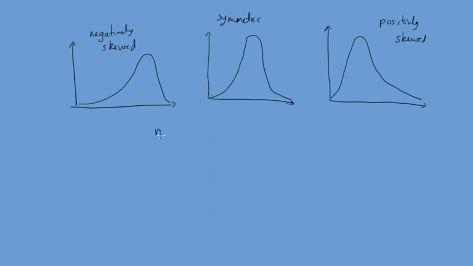The mode is the graph's peak, and the median is the value at which the area under the graph is half. So if you think about the area under all these graphs, it is going to be 1.